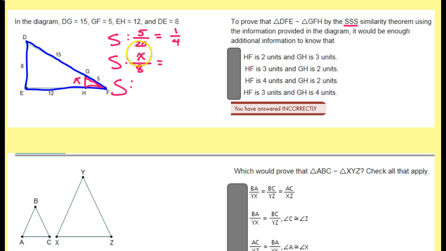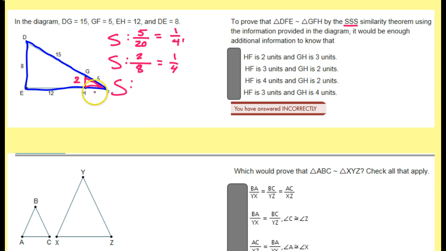So if I'm multiplying this times 2, then this must be multiplied times 2 as well. So this X must be 2, because then 2 over 8 would reduce down to 1/4 if you cut it in half. So this GH would have to be 2.